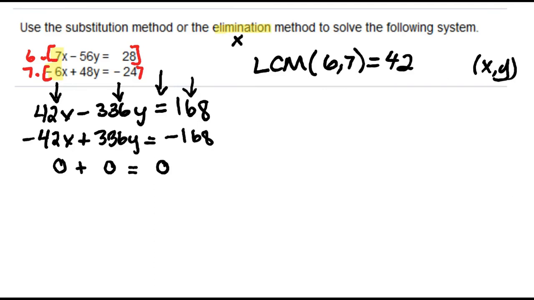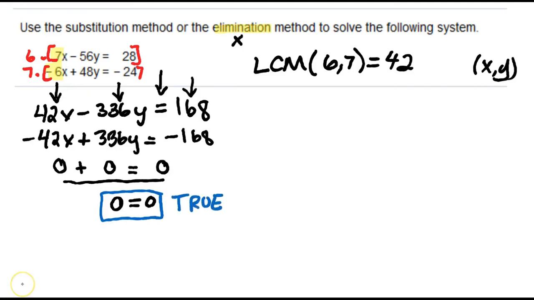And you can tell which one of the special cases you're in by your final equation that you're left with. So let me simplify. 0 plus 0 is 0, and carry down that 0. My final equation is 0 equals 0, which is a true statement. That true statement tells me which one of the special cases we're in, and we're in the special case of having infinite solutions.